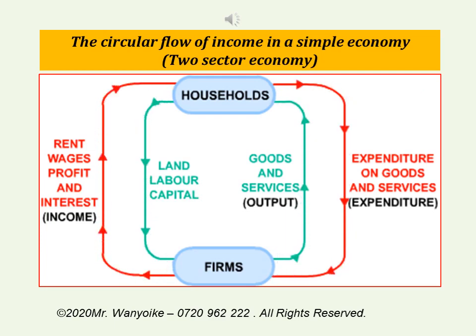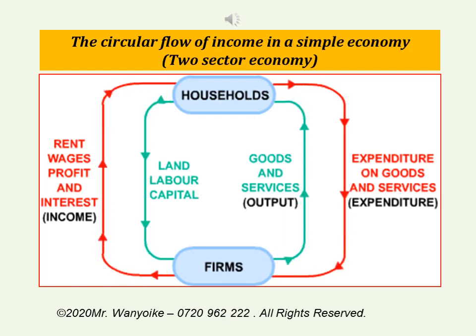You can follow the flow or the chain in red on your left. Then on your right, still inside the loop, we have flow of goods and services from the farms. Remember, now the farms have acquired the factors of production. Now they have started producing goods, and we have the finished products such as bread, clothes, and so on. And therefore, the goods now will move from the farm to the household.